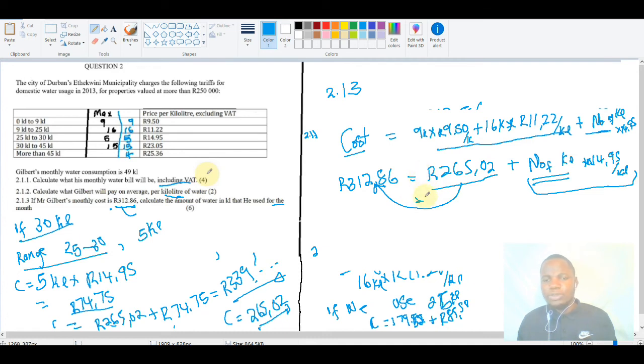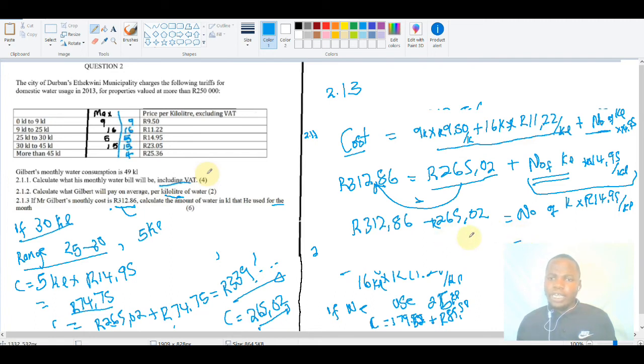Here the sign is positive, so when it goes to that side it becomes negative. Then you have 312.86 minus 265.02 rands, and then you have number of kiloliters times the tariff, 14 rand 95 per kiloliter.